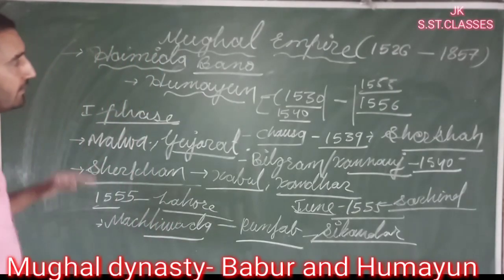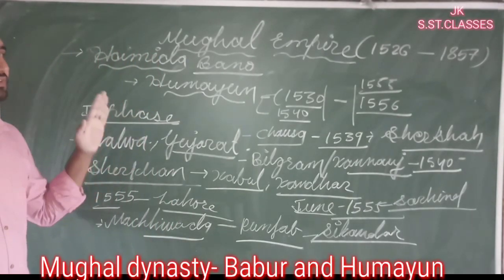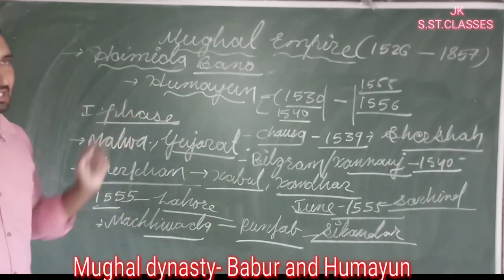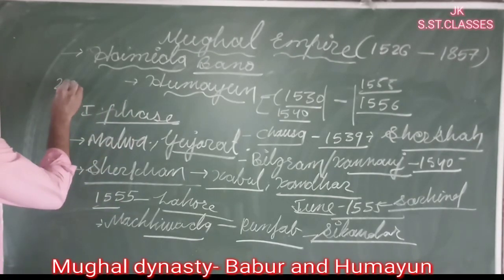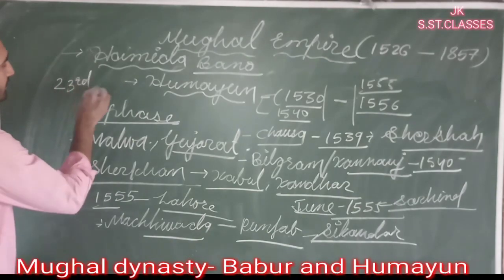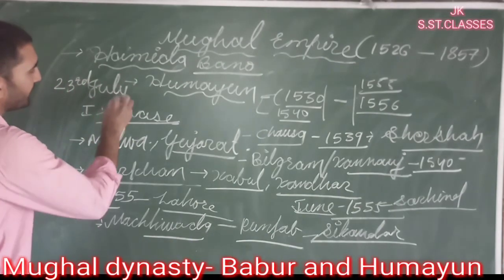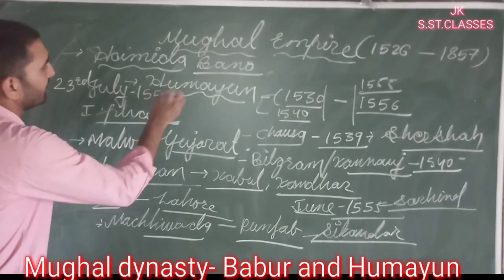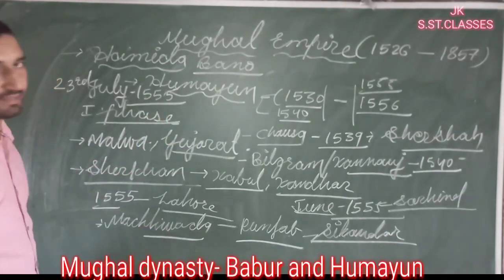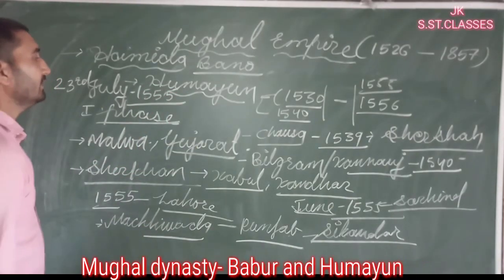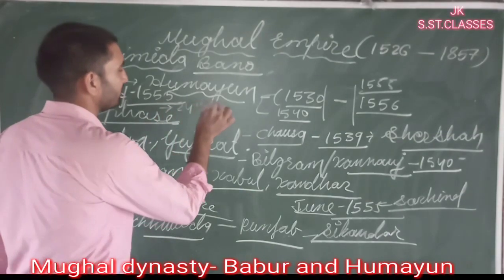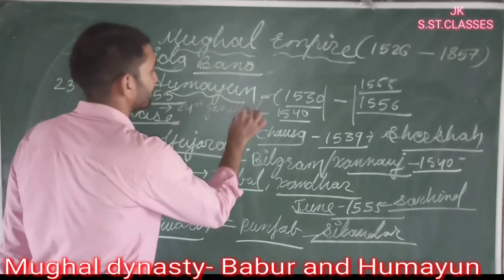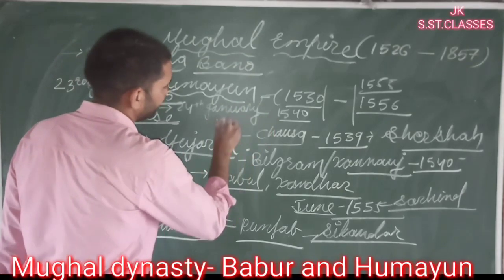In this way, the second phase of the rule of Humayun started, from 23rd July 1555. Finally, Humayun died on 24th January 1556.